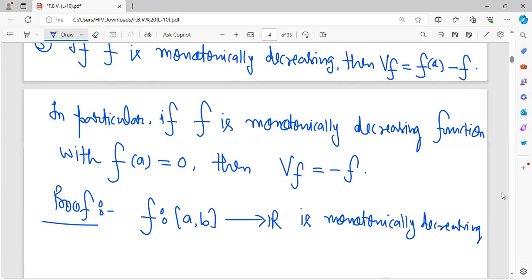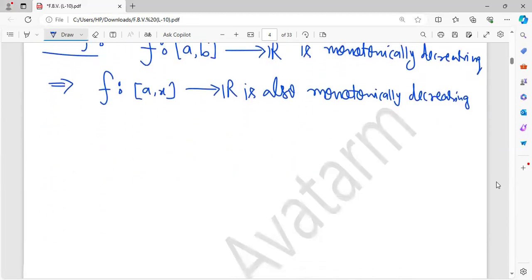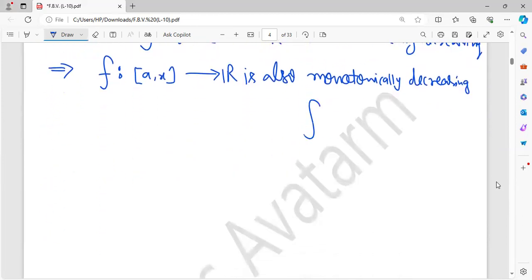So this implies you take any closed interval [a, x], it is also monotonically decreasing for each x belongs to the closed interval [a, b].